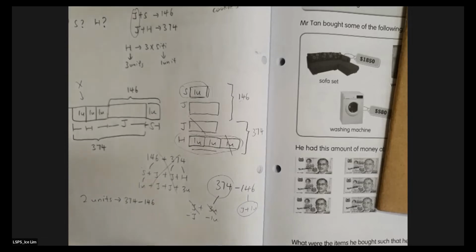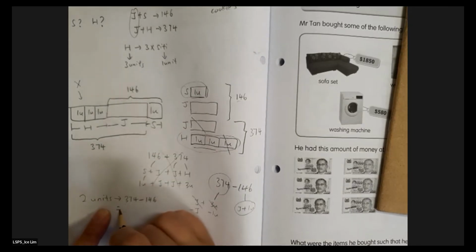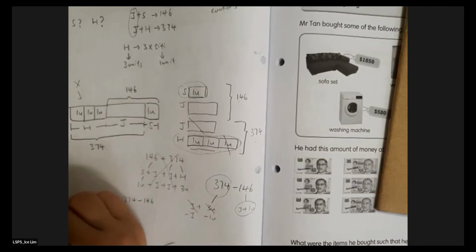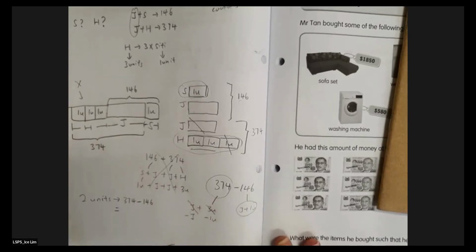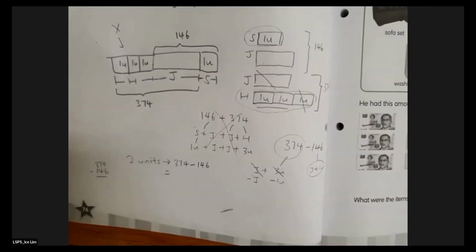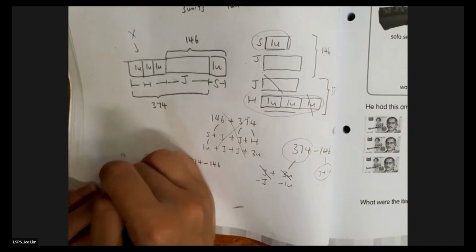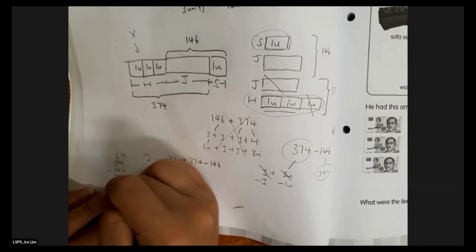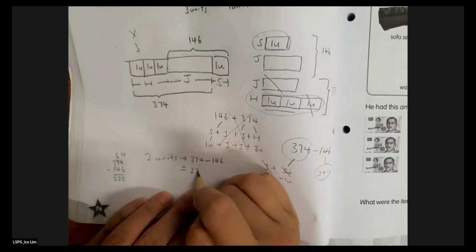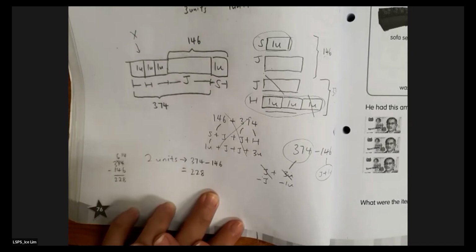Does it give me a method to solve the question? If I do this, I will get 228. I can see 2 units equals 228. Does it get me somewhere?